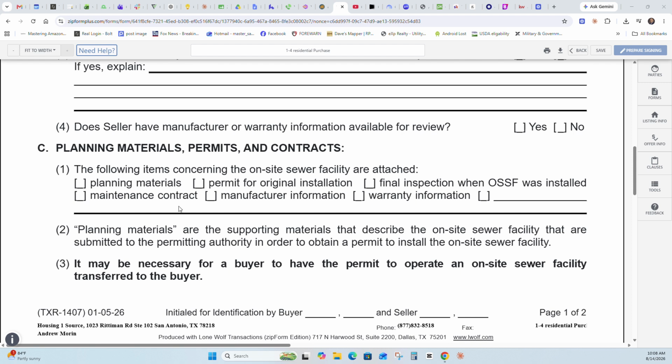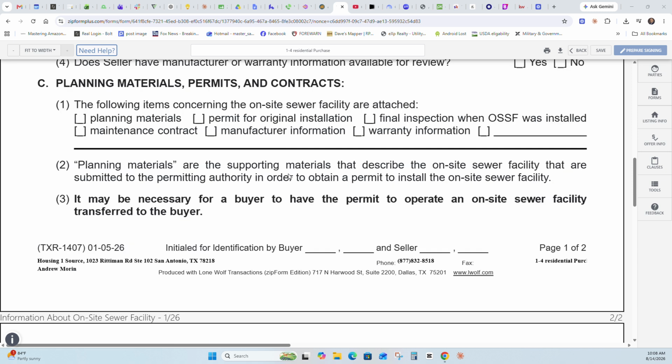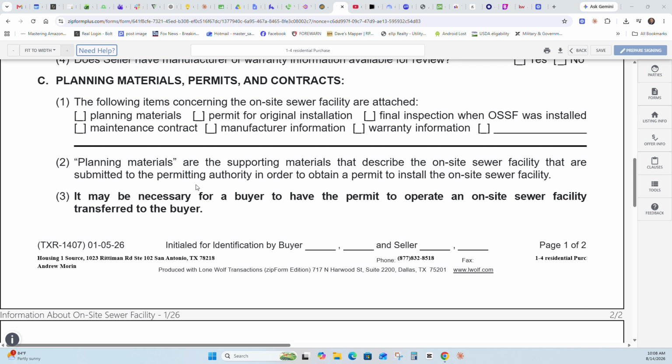And that would be like the planning materials, the permit for the installation, the final inspection, the maintenance contract, if you have one, the manufacturer information, any warranty. Okay, so planning materials, again, they describe the on-site facility and are submitted to the permitting authority in order to obtain a permit to install the on-site sewer facility.